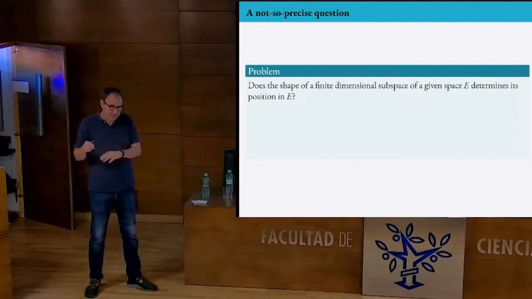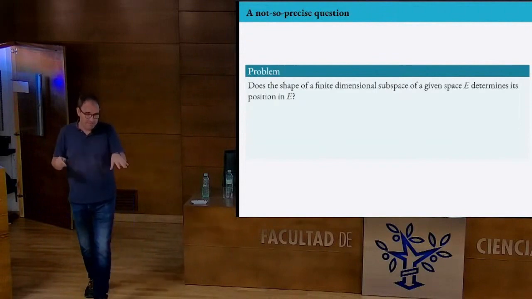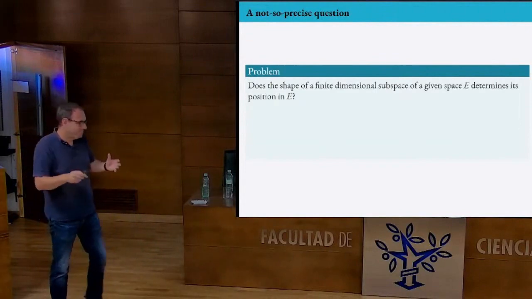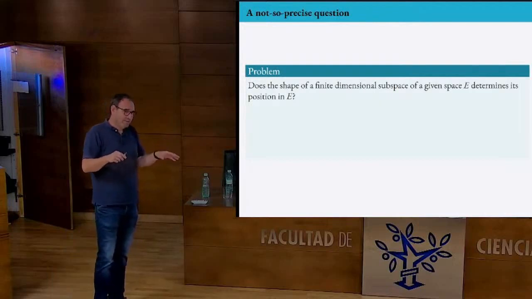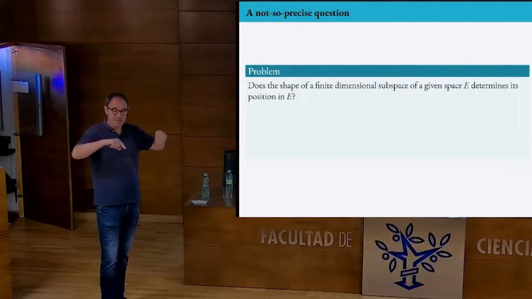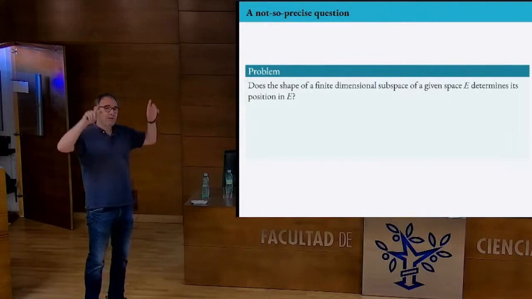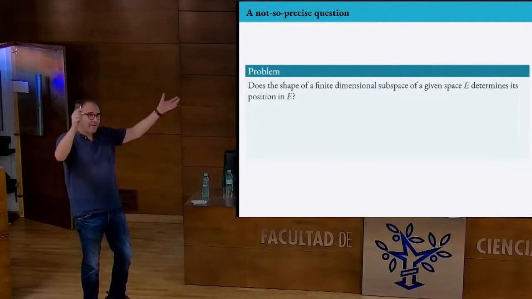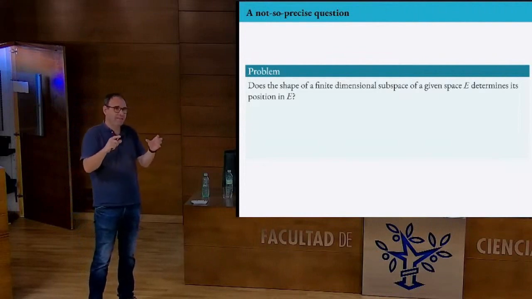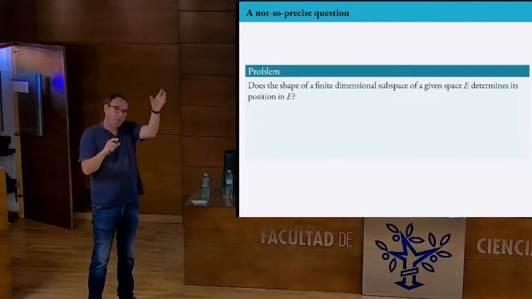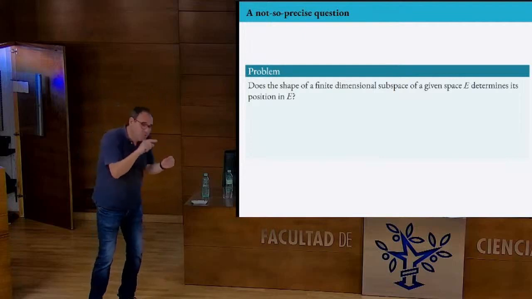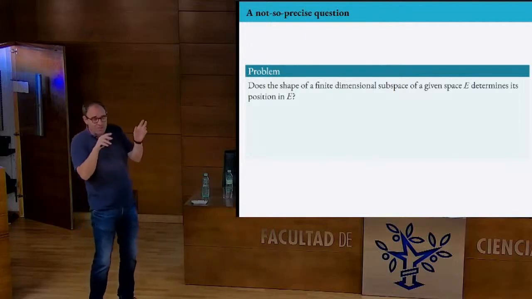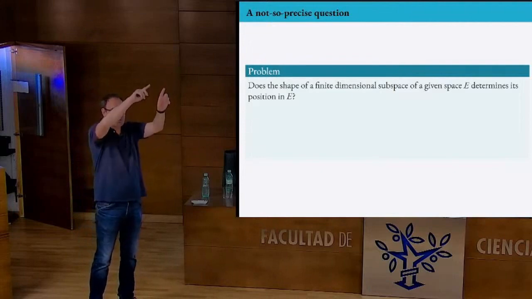You have two finite dimensional spaces, X and Y, isometric or close to isometric, and you want to know what is the effect of them being isometric, the same shape, the same sphere, the same unit ball, on the way you can find them inside E. If they are isometric, can you find some isometry of E moving one to the other? If they have two equivalent norms, can you find some isometry that moves X to Y so that the distance between them is 2 or close to 2?